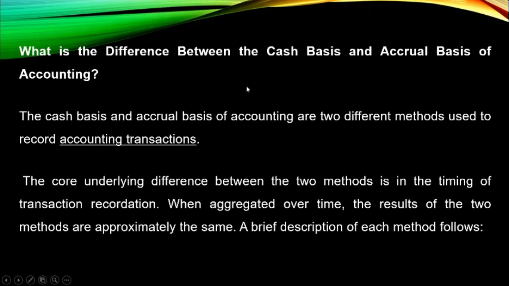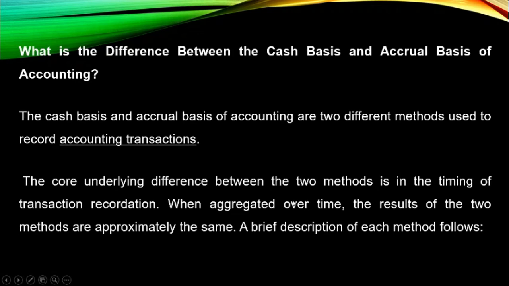What is the difference between cash-based and accrual-based? Cash-based and accrual-based are two different methods used to record accounting transactions. The core underlying difference between these methods is in the timing of transaction recordation. When taken in aggregate over time, the results of the two methods are approximately the same.